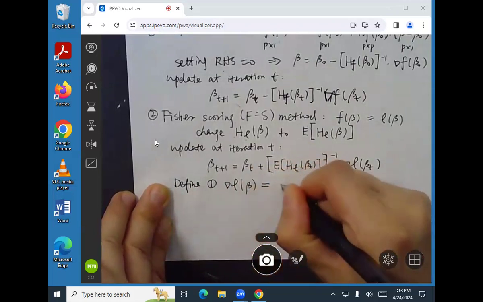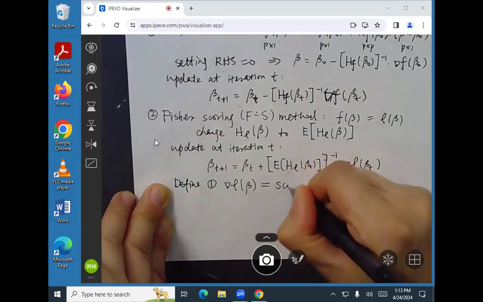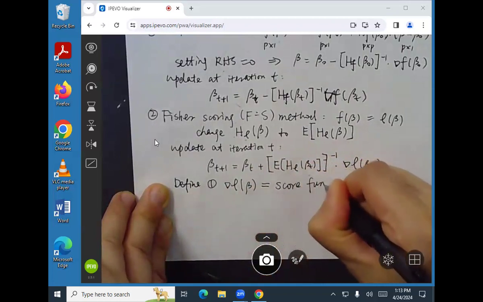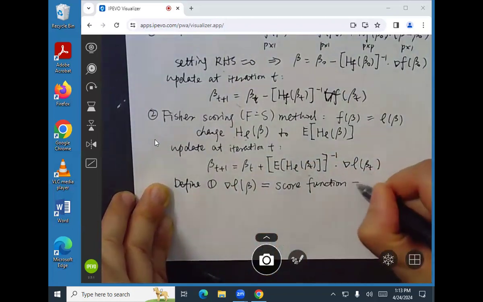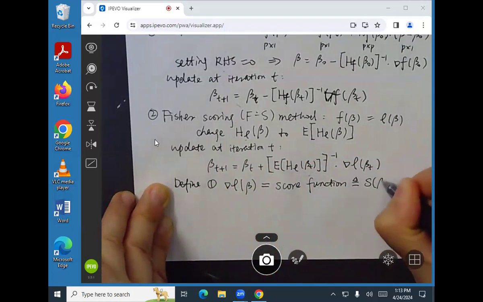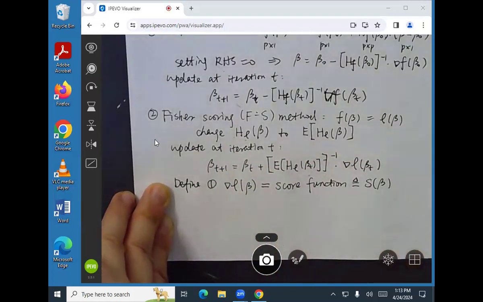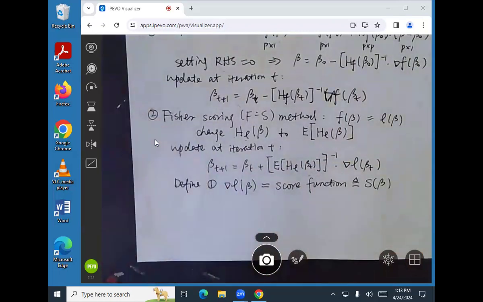We call this the score function. In statistics, you will see this term score function appear in many places. The score function is denoted as S of beta. S stands for score. The score function has some very interesting properties, and I will detail them very soon.